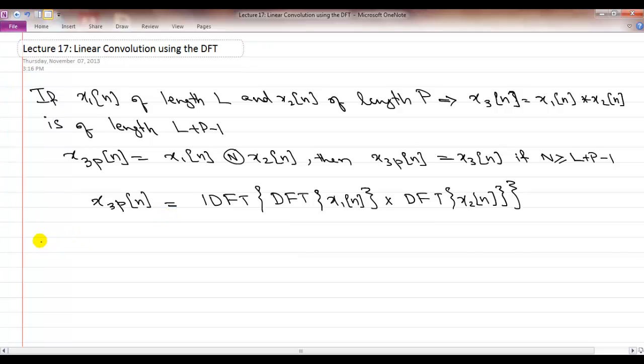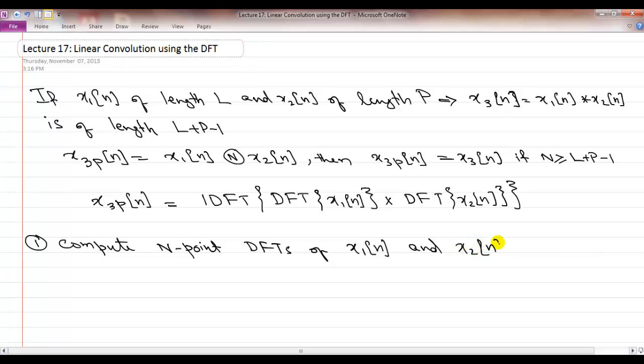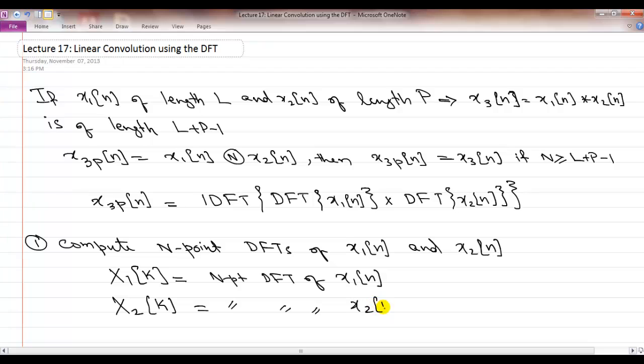So the procedure is simply that if you are given two sequences of this length, you compute N-point DFTs of x1[n] and x2[n]. So we compute X1[k], which is the N-point DFT of x1[n], and X2[k], which is again the N-point DFT of x2[n].